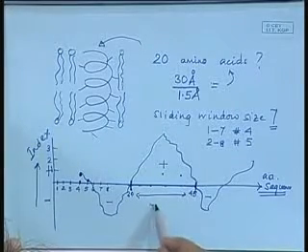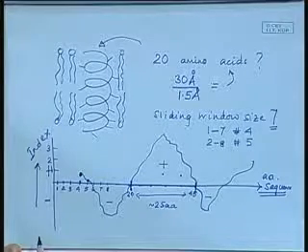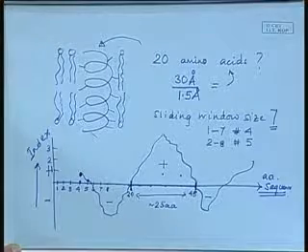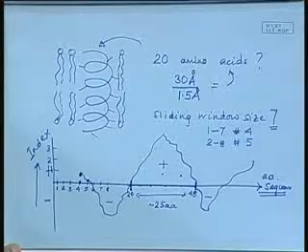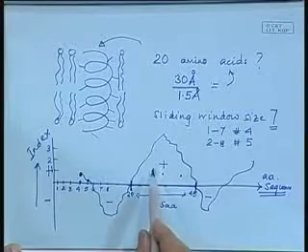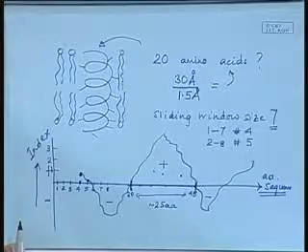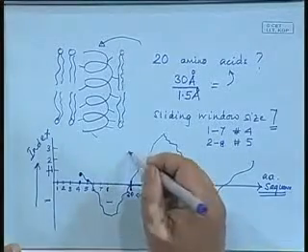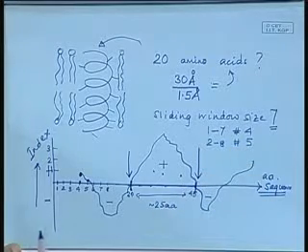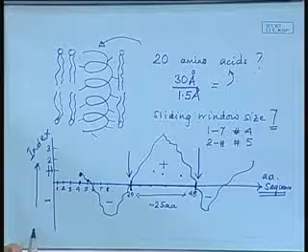I have approximately 25 amino acids that are hydrophobic in nature, and I know that this is a membrane protein. What can I say about it? I can say that this part forms the helix. I can very safely say that it is this part that is forming the helix of my membrane protein.